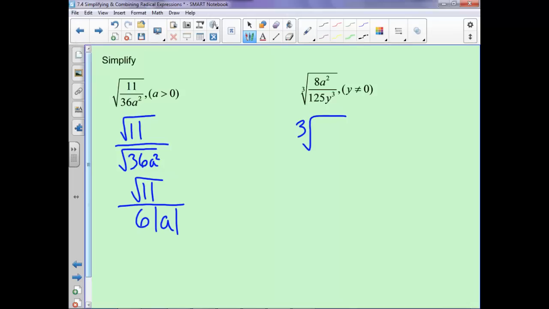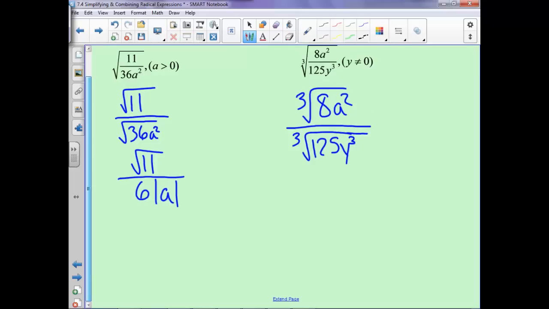We can do the cube root of 8a squared over the cube root of 125y cubed. Notice this time, the cube root of 8, we do know that is 2. However, we only have a squared, and so we leave that as the cube root of a squared. Over, the cube root of 125 is 5. Cube root of y cubed is y.